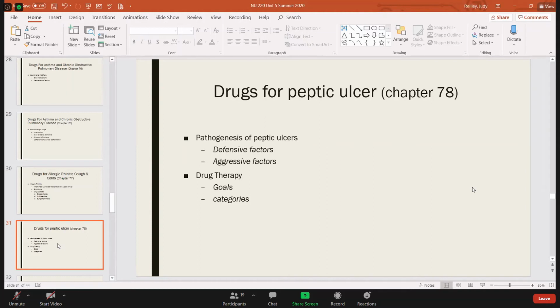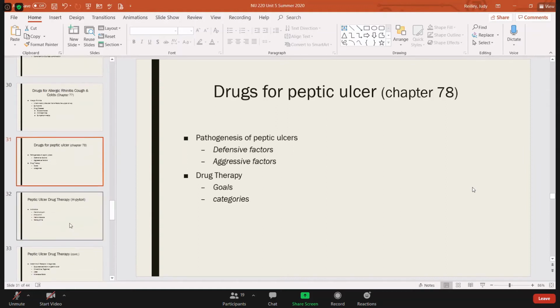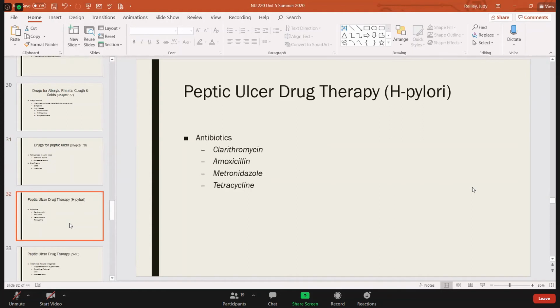When it's an H. pylori factor, you treat with antibiotics. When it is an NSAID problem, you stop taking the NSAIDs. When you look at treatment for H. pylori, multiple different types of antibiotics are used. The main focus in educating your patients with H. pylori treatment is that when they're taking these antibiotics, they have the possibility of what we call explosive diarrhea.